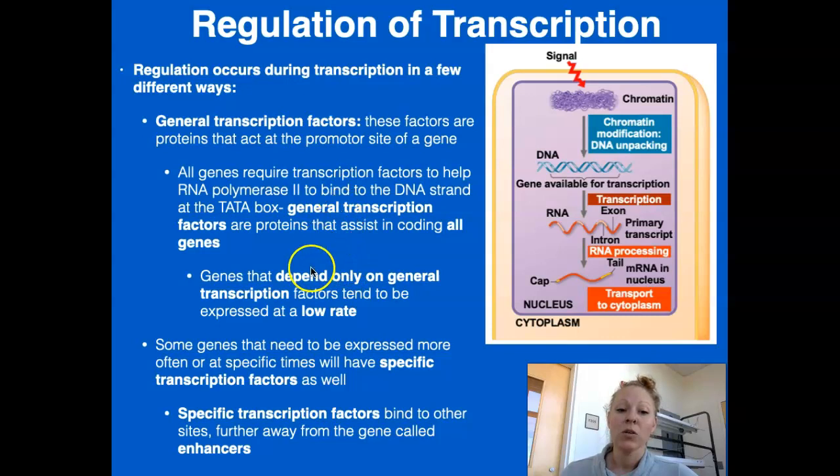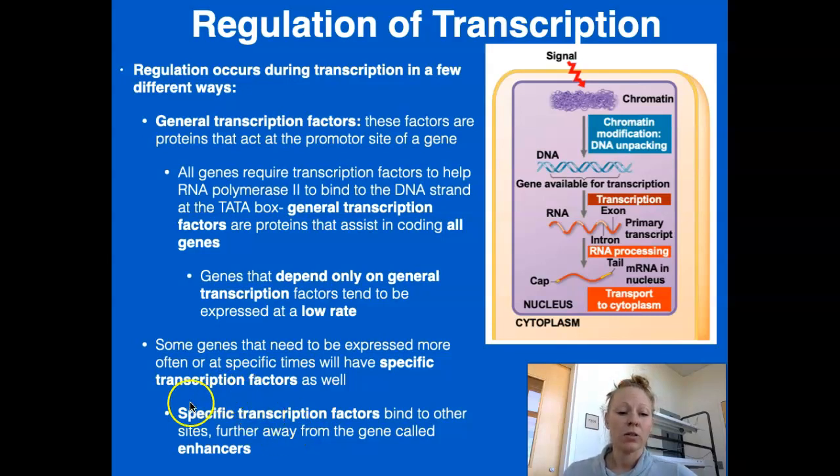Genes that depend only on general transcription factors tend to be expressed slow and steady, at a low rate. Genes that need to be expressed more often or at specific times are going to have these specific transcription factors. They help with the specialization of highly specialized cells.